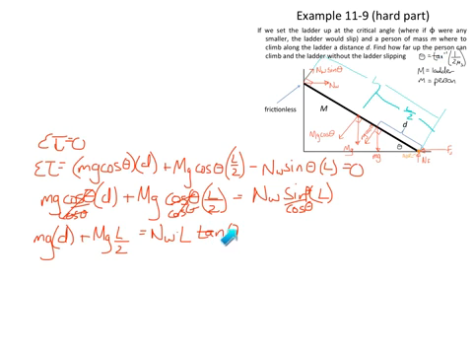So, this whole expression right here is basically going to be 1 over 2 mu s, 1 over 2 times the coefficient of static friction. Okay, so let's write it like that. In fact, I'm going to kill two birds with one stone here. I'm just going to write that in, that's 1 over 2 times coefficient of static friction. All right, we established that from the first part of the problem.